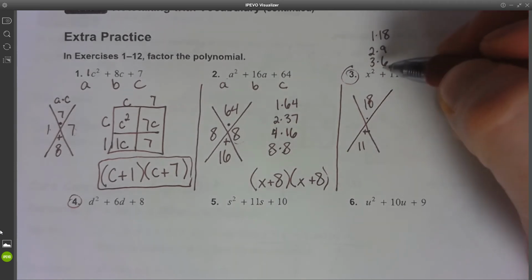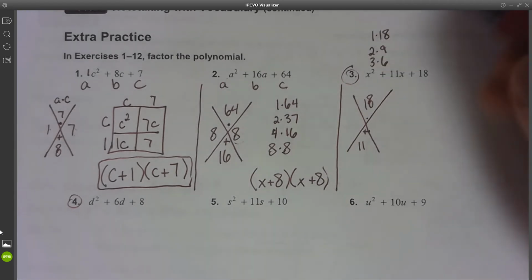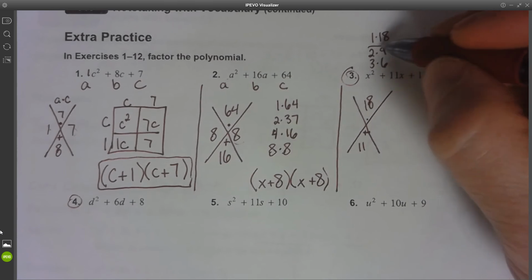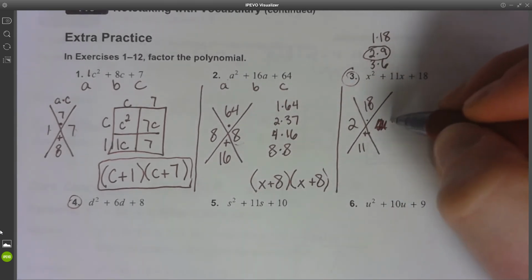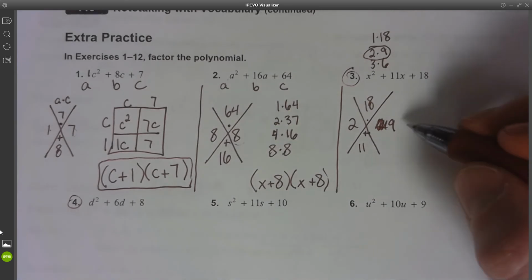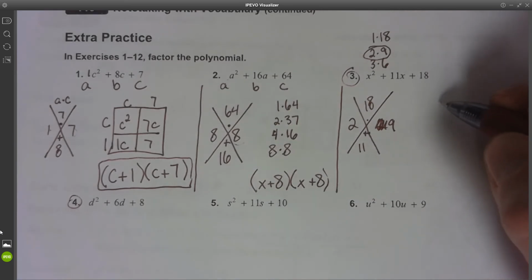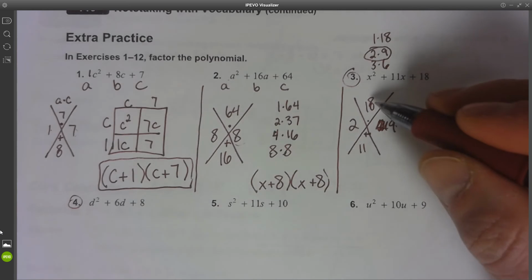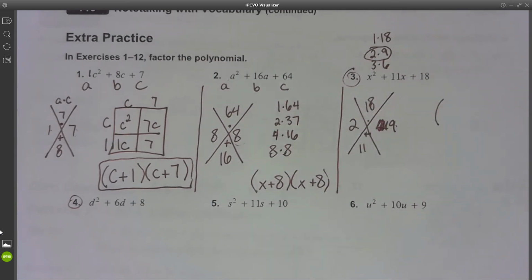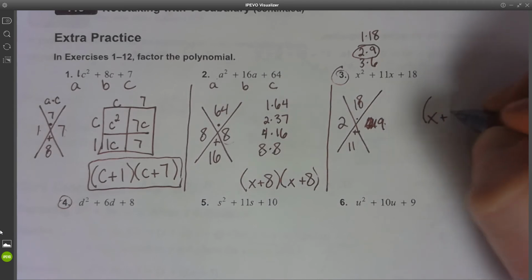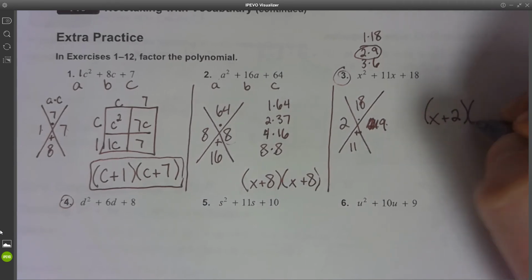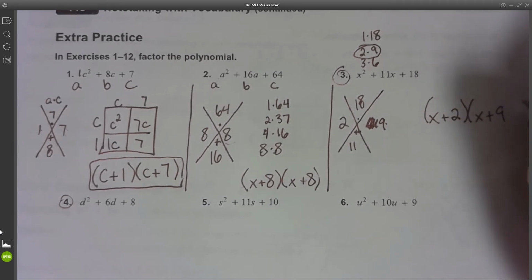So there's my whole list of factors for 18. Which pair adds to 11? Well, that's 2 times 9. So 2 and 9 are my two numbers that work for this trinomial. So then I end up with x plus 2 and x plus 9.